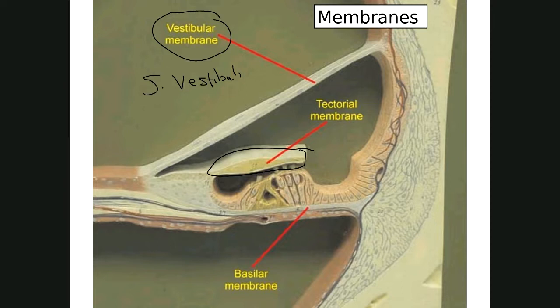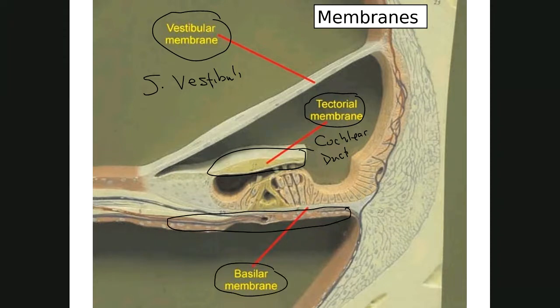And the one with the tectorial membrane is the cochlear duct. And then this one, which does not look like the other two at all, is the basilar membrane. And the basilar membrane is where the scala tympani is.